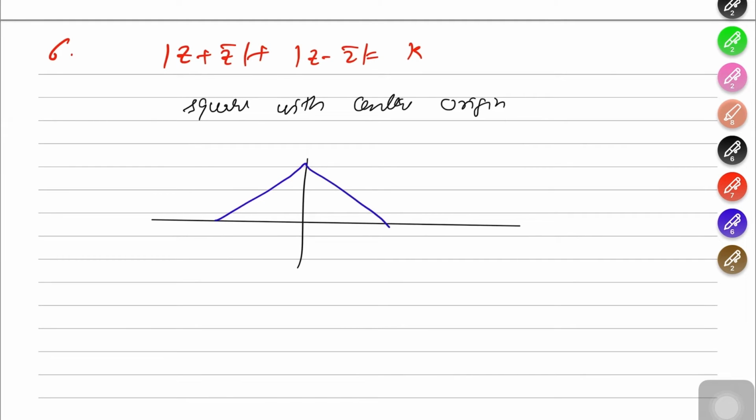This is a square with these vertices: K by 2 comma 0, 0 comma K by 2, minus K by 2 comma 0, and 0 comma minus K by 2.